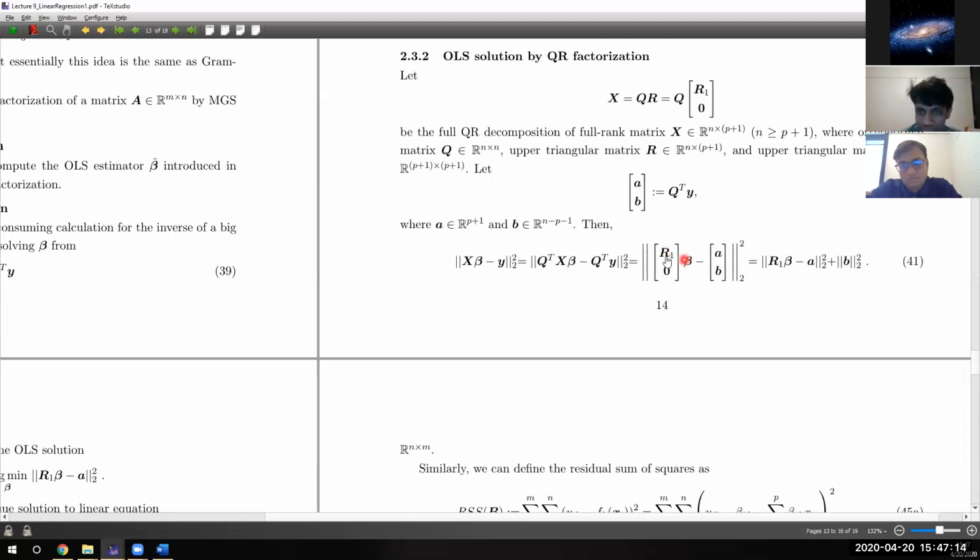This 0 is still 0, so you have R1 beta minus A, and this part is 0 minus B. The norm, of course, is that part's norm plus this part's norm, by the definition of the norm itself. And B is a constant, so I only need to solve this one, which is the norm of R1 beta minus A.